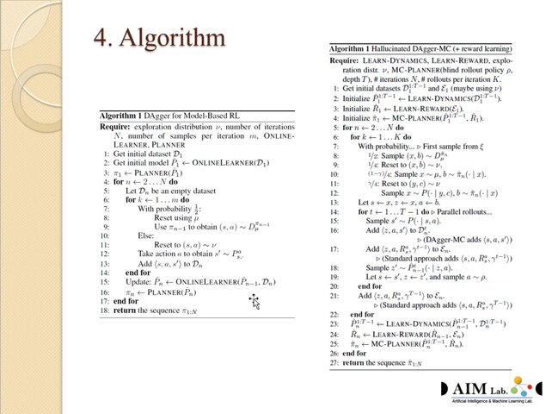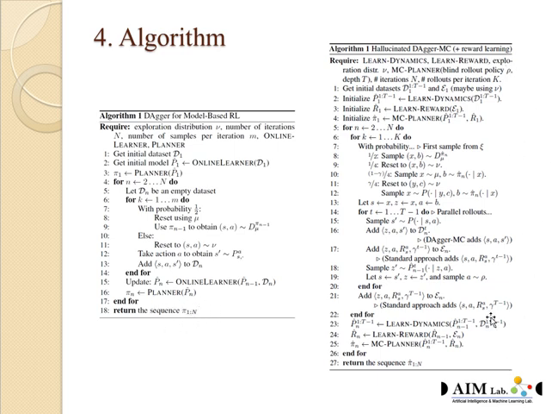From the online learner, P hat n minus 1, and the previous dataset, we update the dynamics model and the policy, and we have the sequence of policies.